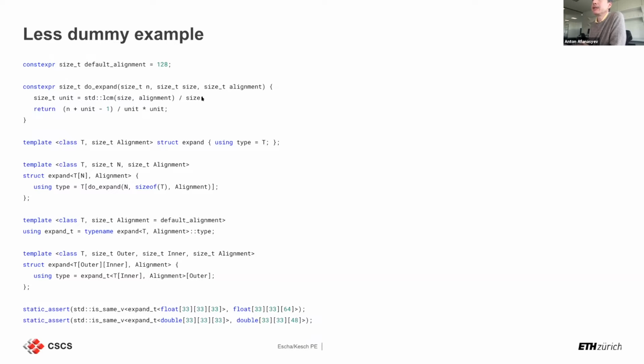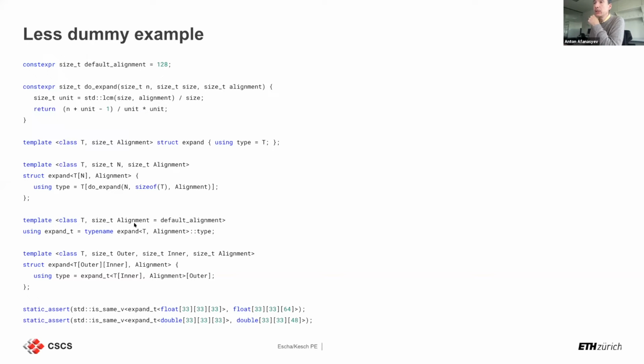By dividing by size, we get the size of the unit where the alignment should be, and we do the expansion. Also we have this recursive function that does the work where our array is multi-dimensional.